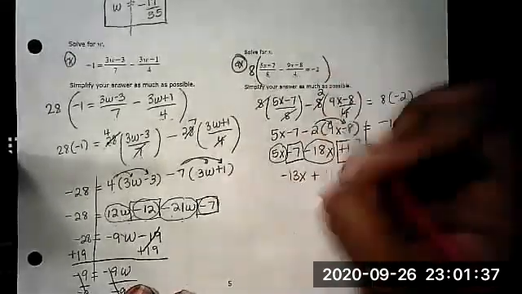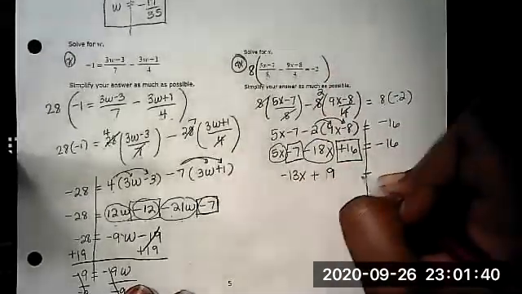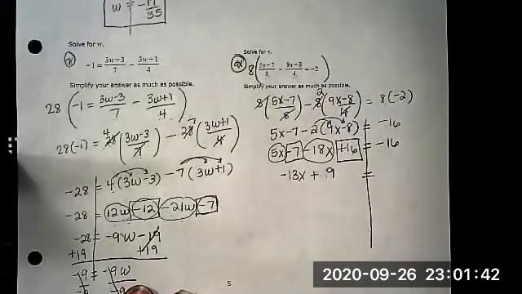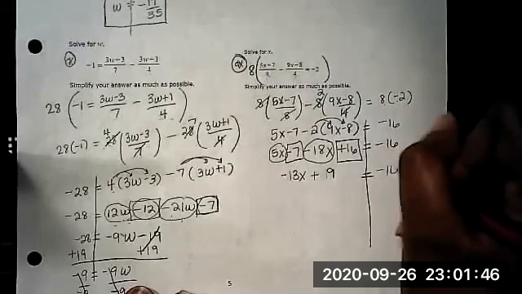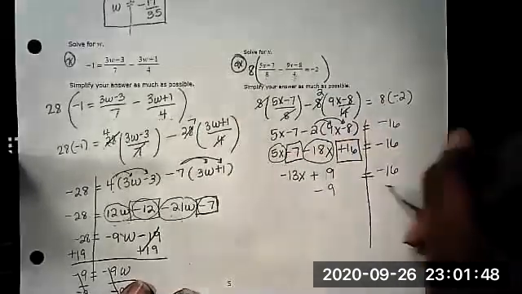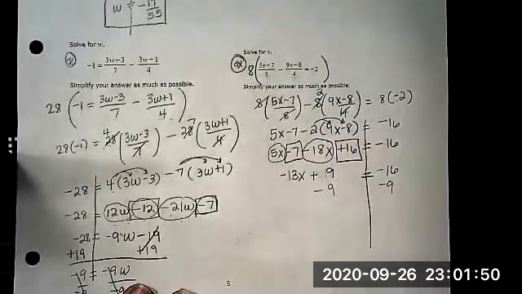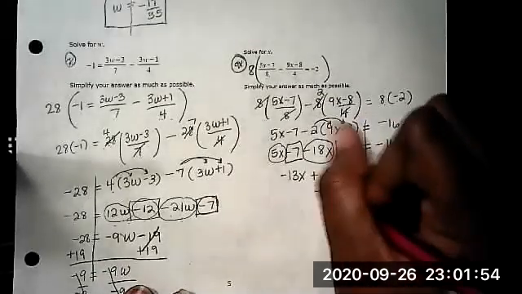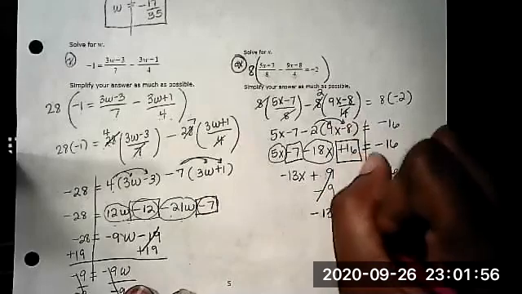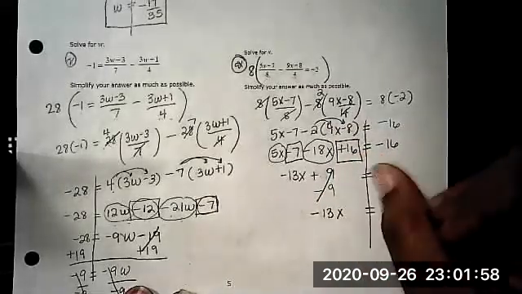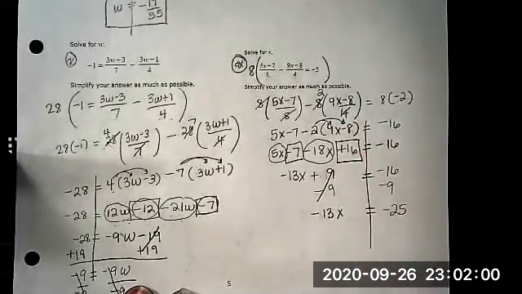It's 9. Okay, 16 minus 7 is 9, and then over here it's negative 16. Subtract 9 from both sides. And we get negative 25.